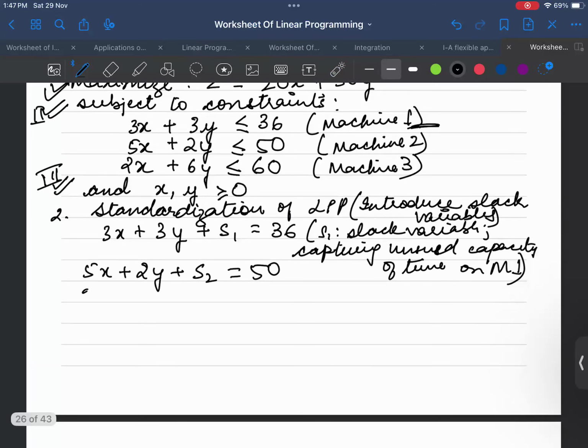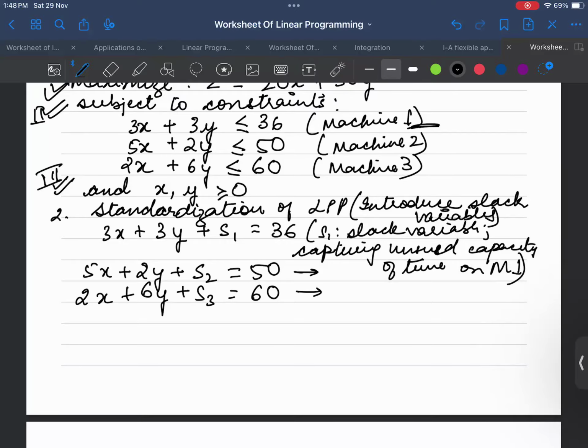I'm explaining very simply and slowly, so you can solve it with me. In the third equation, for machine 3, I have added another slack variable, S3. S2 is also a slack variable, capturing the unused or spare time on machine 2, and the same thing is for machine 3.